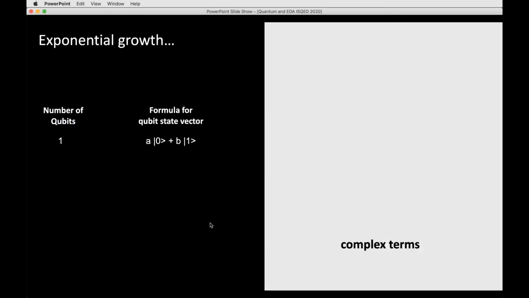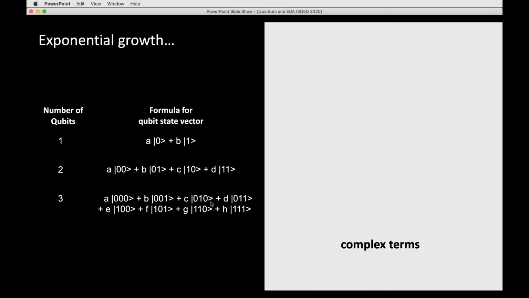So what if you have more qubits? If we have 1 qubit, we get basically 1 complex state. If we have 2 qubits, we can take on 4 combinations of these complex states. If we go to 3 qubits, we can do 8, correct? So this is the first qubit, the second qubit, first being a 0, second being a 0, here the first being a 1, the second being a 0, and so on and so forth.